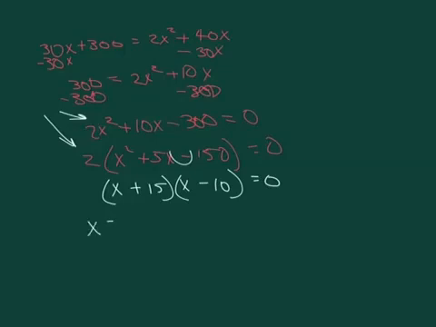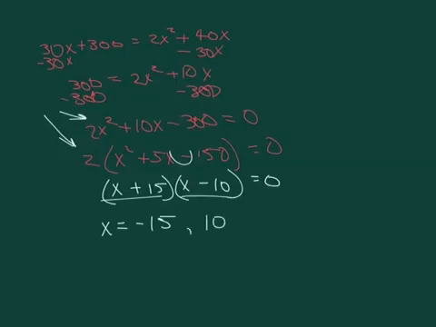So x equals negative 15 or 10. I'm sorry, negative 5 or 5. Alright, x equals whatever makes this 0 and whatever makes this 0.